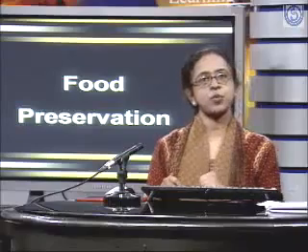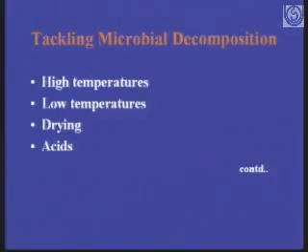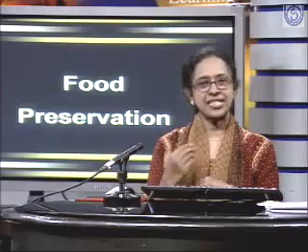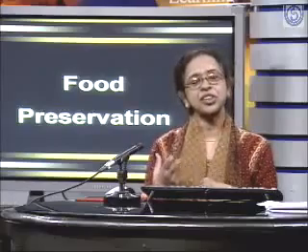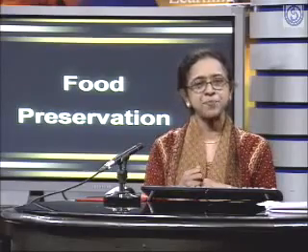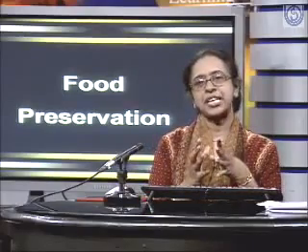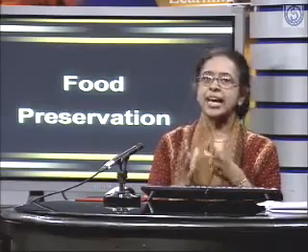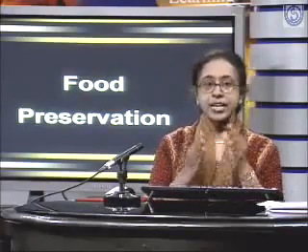So we have talked about the processes of using low and high temperatures. Now let us talk about the process of drying. We are all very familiar with this process. We have seen the use of the sun, for example, for drying foods at home. It may be fruits, it may be items such as papads, it may be lime, it may be any of these types of items which we have observed being sun dried. There are other commercial and industrial processes of drying which we will talk about a little later. But this is another kind of method that we need to look at in detail. Again, in the case of drying, the microorganisms are not necessarily killed.